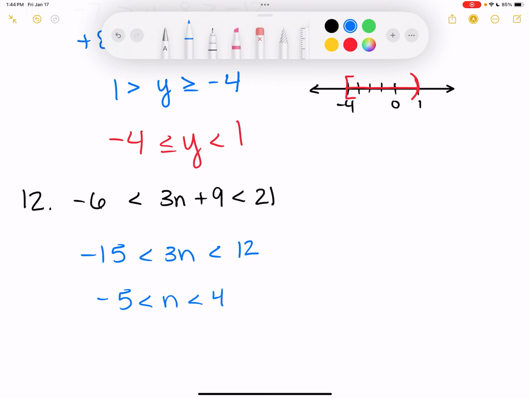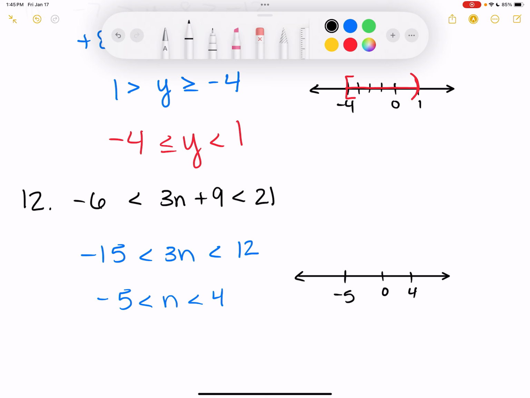Is this in numerical order? Yes. Okay, so I can go ahead and graph. A lot of times, aside from maybe putting the 0 on here, I will only end up putting the numbers that I need for the compound inequality. I don't count all these extra things.